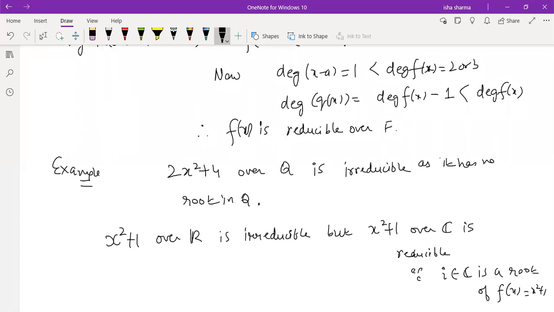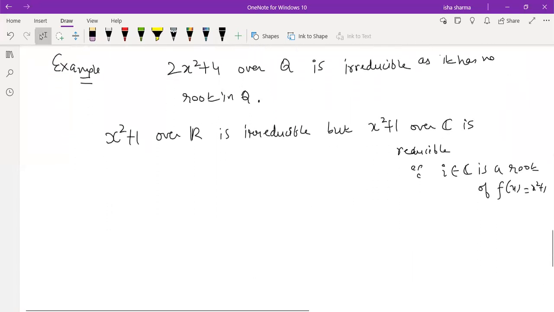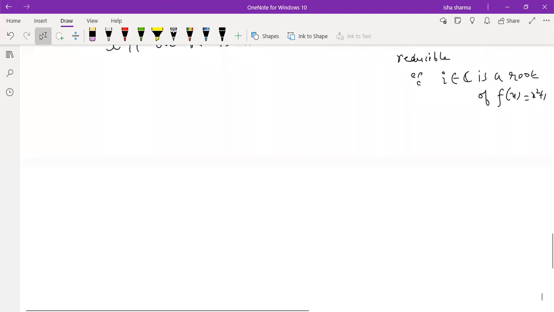The tests can be done for other examples of Zp too, because whenever p is prime, Zp is also a field, so there also you can use this result.